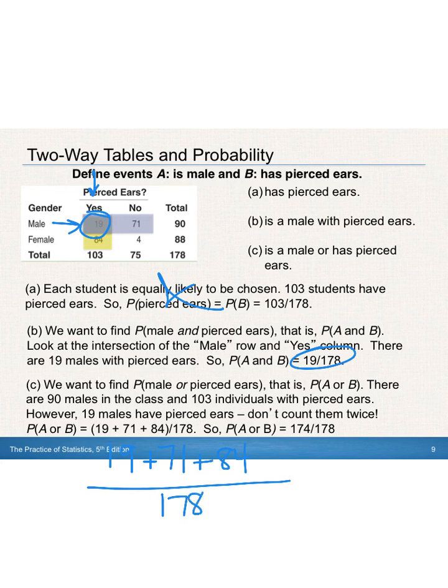So 174 out of 178 are either male or have pierced ears. So a total of 4 people that don't fit in that category. And now that I'm saying that, the complement of that would be not having pierced ears and not being male, and so that would be 4 out of 178.